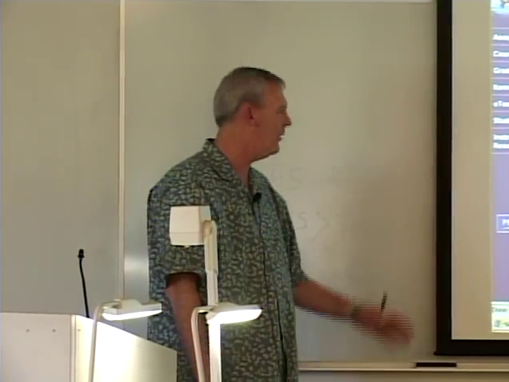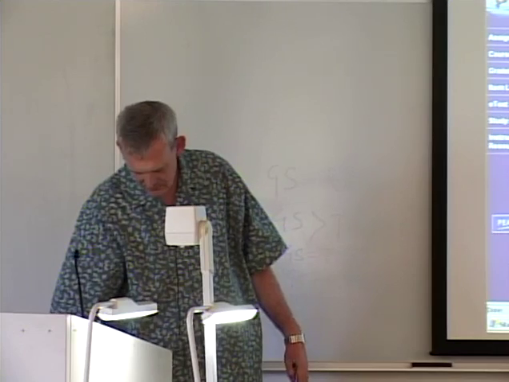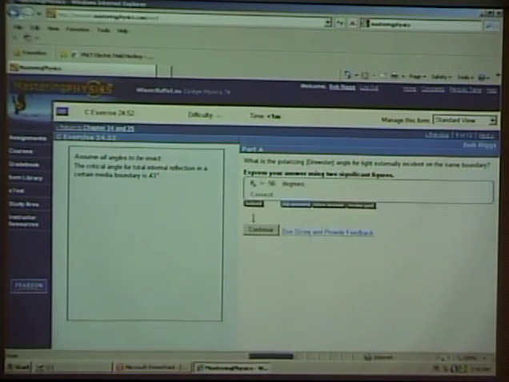Right. I had it reversed. Okay. So like I said, ignore Cody at your own peril. But anyway, so here we go. 90 minus 34. You better be right now. Yeah. There we go. Whew.